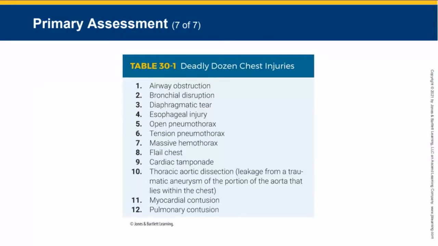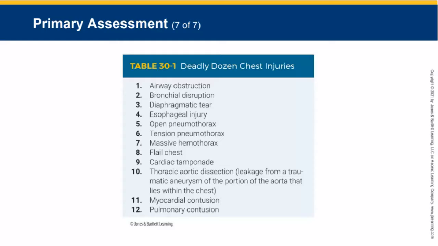Now, table 30-1 has the deadly dozen chest injuries, and these are the chest injuries that, if present and not corrected, can be life-threatening. And you see which one is number one? Airway obstruction. If the patient doesn't have an airway, nothing else matters.